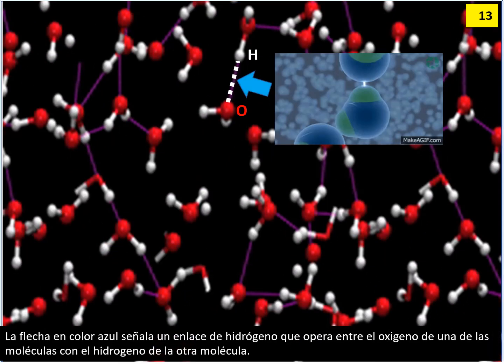The blue arrow indicates a hydrogen bond that operates between the oxygen of one of the water molecules with the hydrogen of the other water molecule.